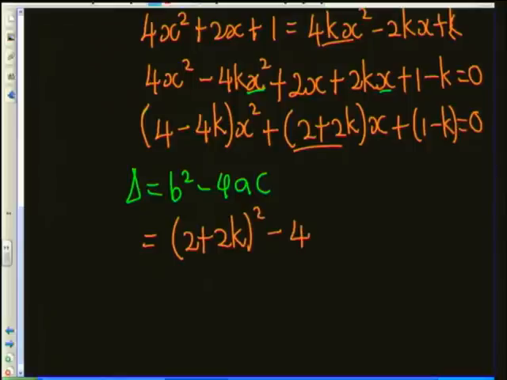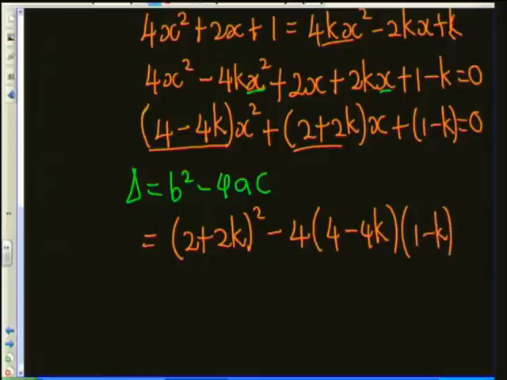What is my a? My a is going to be the coefficient of the x squared, so it is this term there, so it is 4 minus 4k, and c is going to be the 1 minus k, which I've put in brackets. So let's see if we can simplify this now.